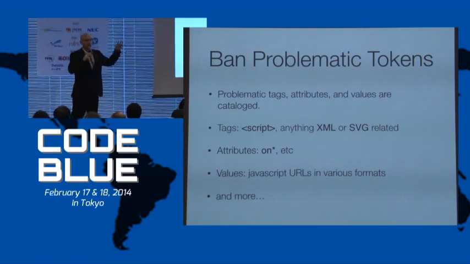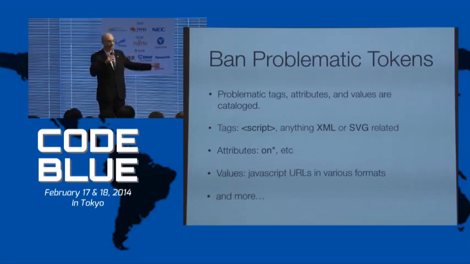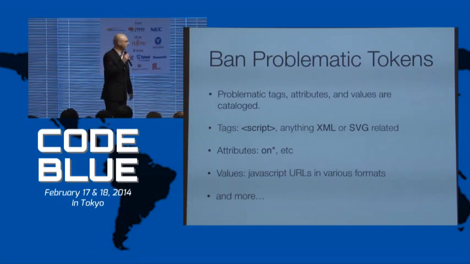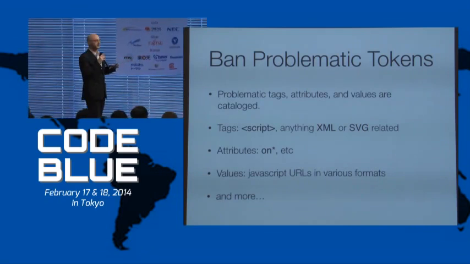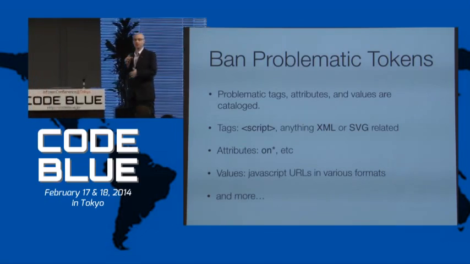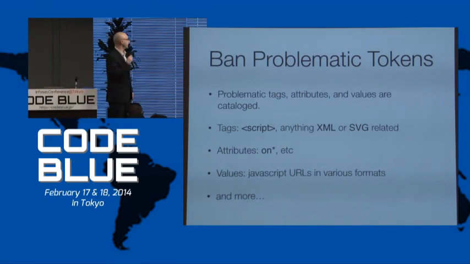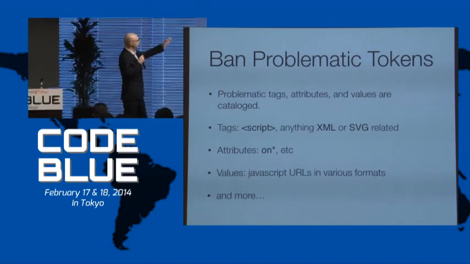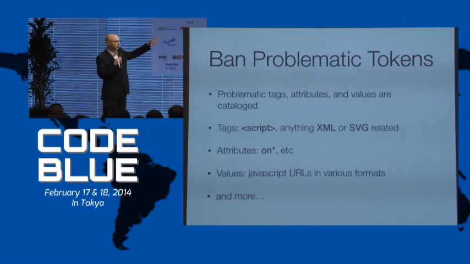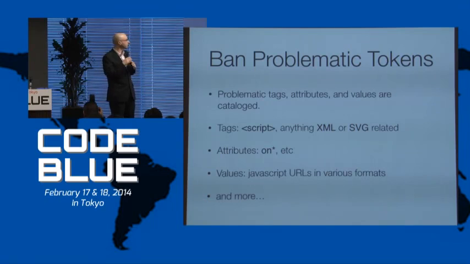When I have this list of tokens, I can actually ban things that look bad. Obviously, things that are script tags coming in, you just want to ban those right away. I found enough problems with anything XML-like or SVG-like just to recommend banning those elements too. The classic on-star attributes for JavaScript, the on-blank things, ban those.